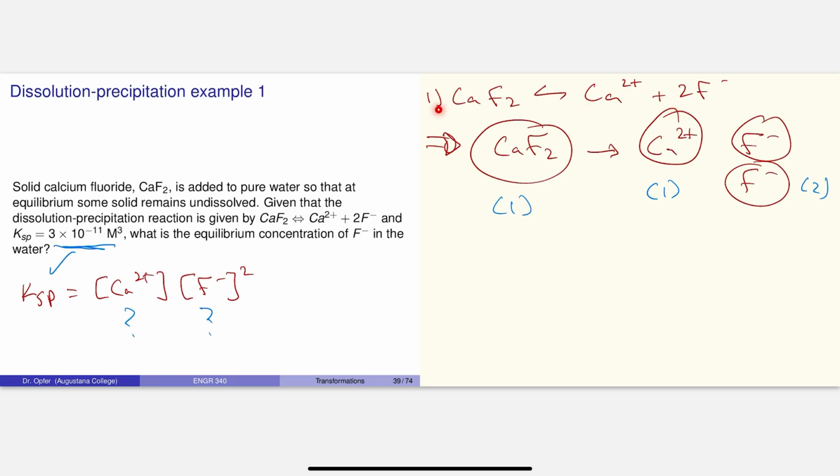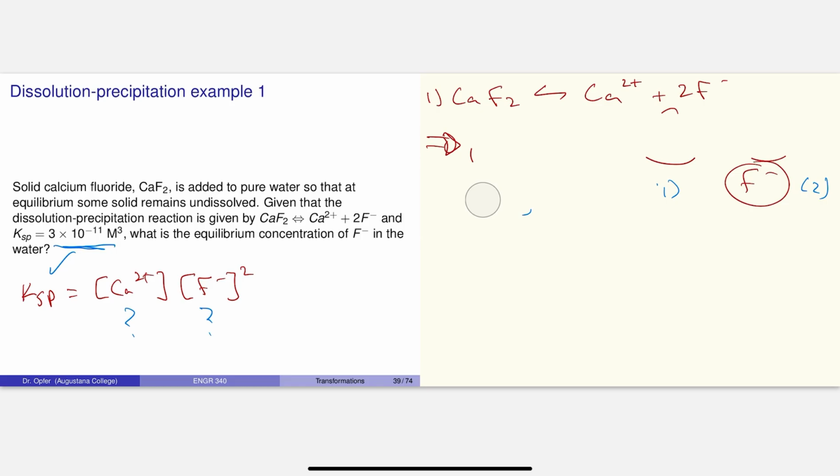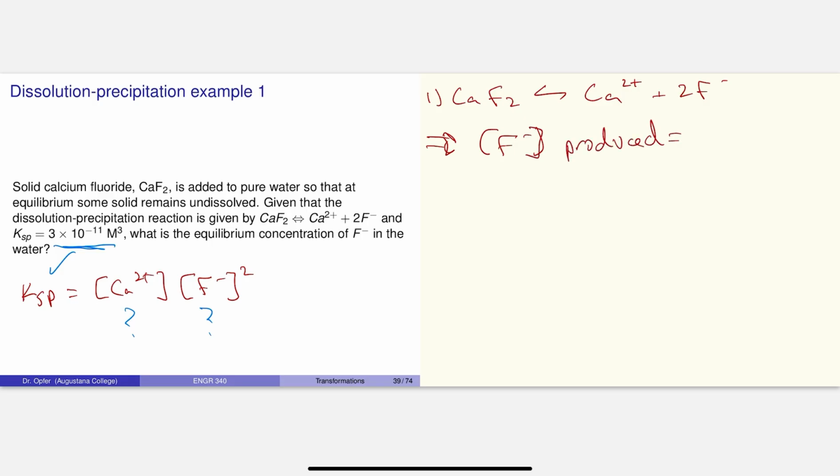I've got a 1 and a 1 in front of calcium fluoride and calcium ions, and a 2 in front of fluorine. So what that tells me is that, since we're solving for fluorine, the amount of fluorine produced is always going to be twice as much as the amount of calcium ions produced.